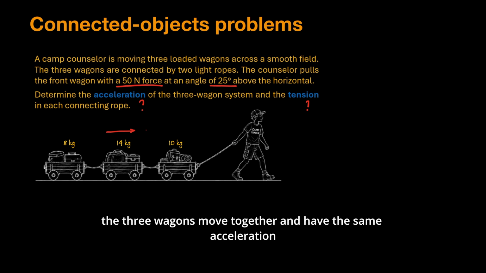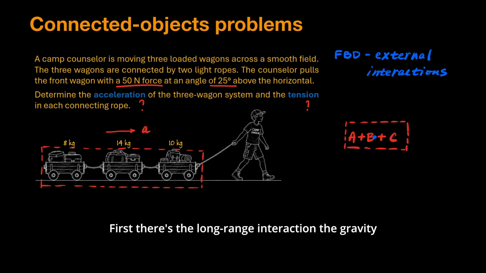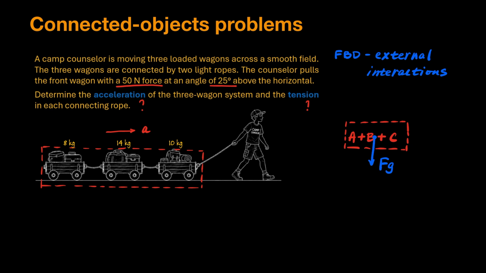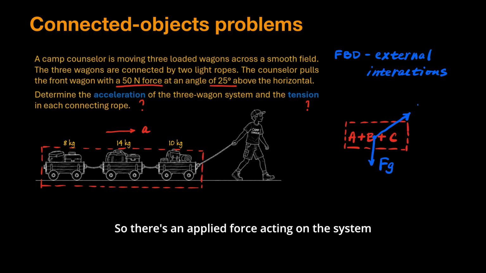Remember the rule from our previous video. In a free body diagram, we only draw external forces. So let's use the same approach we used before. What is interacting with our system? First, there's the long-range interaction, the gravity. Then let's look for contact interactions. The counselor is pulling the wagon, so there's an applied force acting on the system.